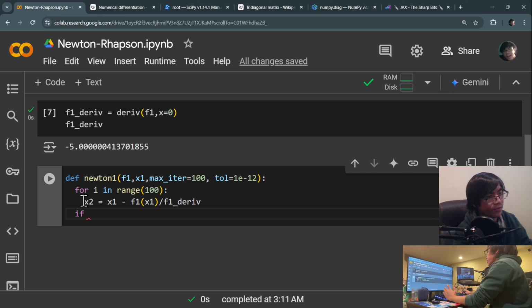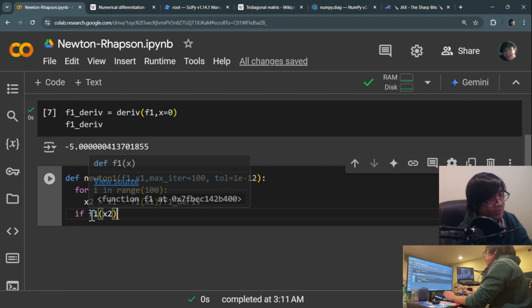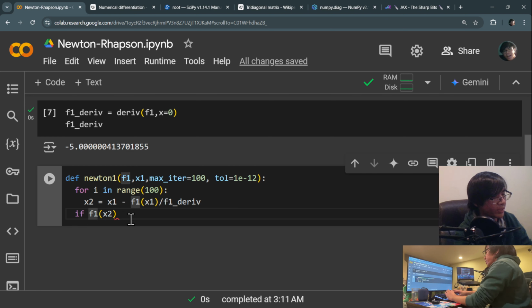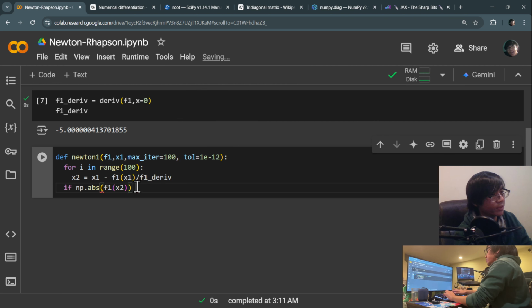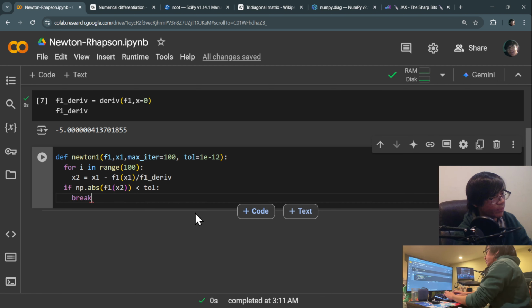So the value of our function at this next point, which is 0. So we can do f1 of x2. If the absolute value of that, since it could be negative or positive. We want it to consider both, so np.absolute value of that. And if the absolute value is less than the tolerance, so it's nearly 0, so that'd be 12 zeros behind. If that's smaller than our tolerance, then we want to break out of the loop.